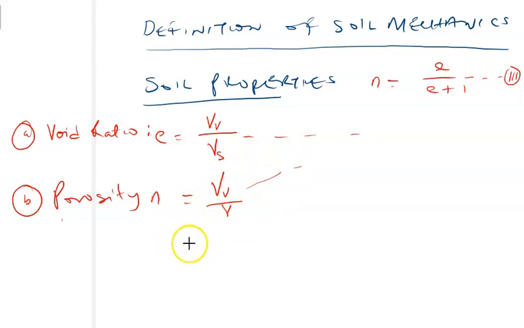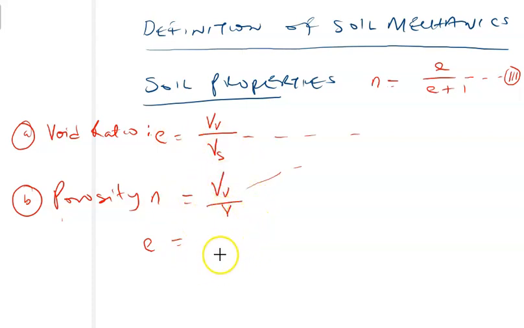So here our E will be equal to VV over VS. Remember that VV over VS is our void ratio, while this is our porosity.